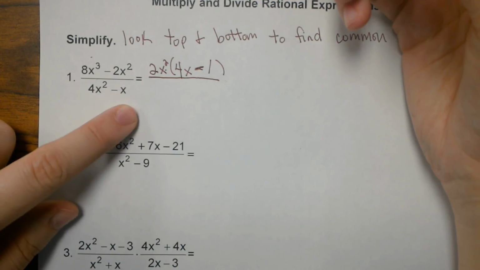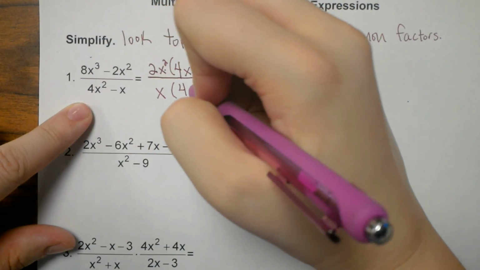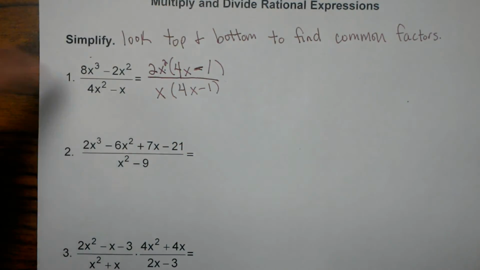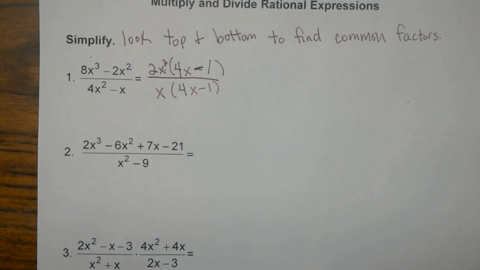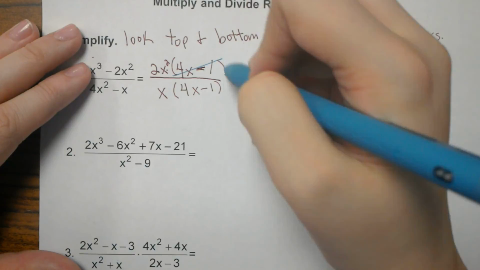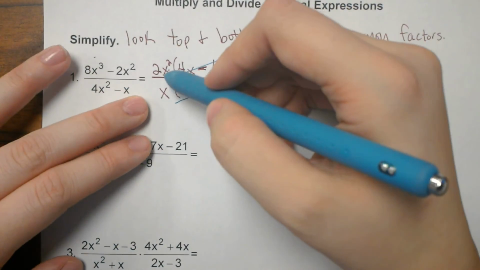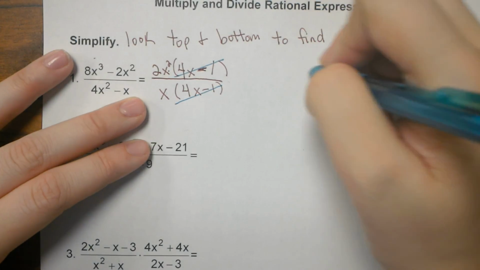And then on the bottom, my denominator, I have an x in common. And if you notice, there's a 4x minus 1 and a 4x minus 1 in common. And there's an x in common.